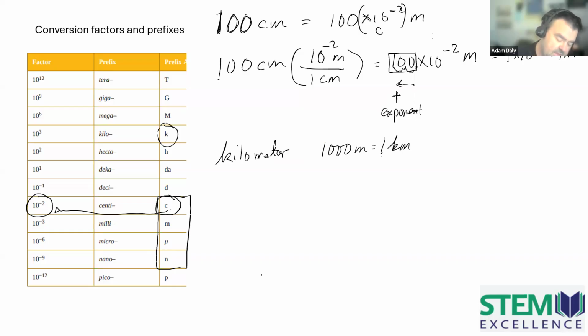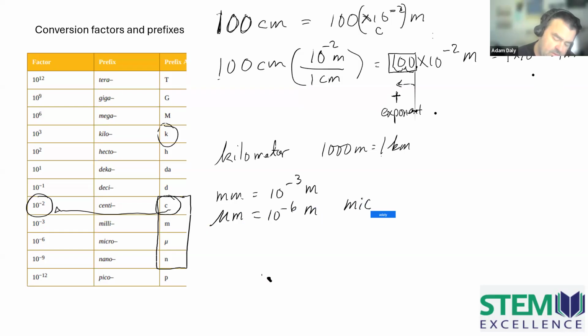So centi, millimeter, 10 to the minus 3 meters, and then we have the micron or micrometer. That's 10 to the minus 6 meters.